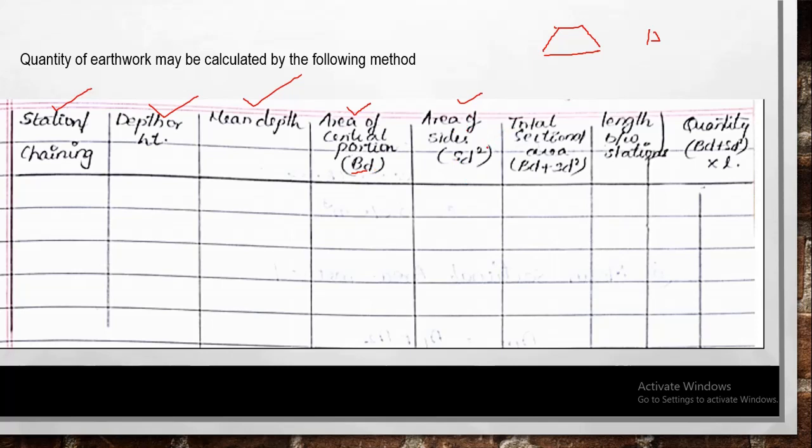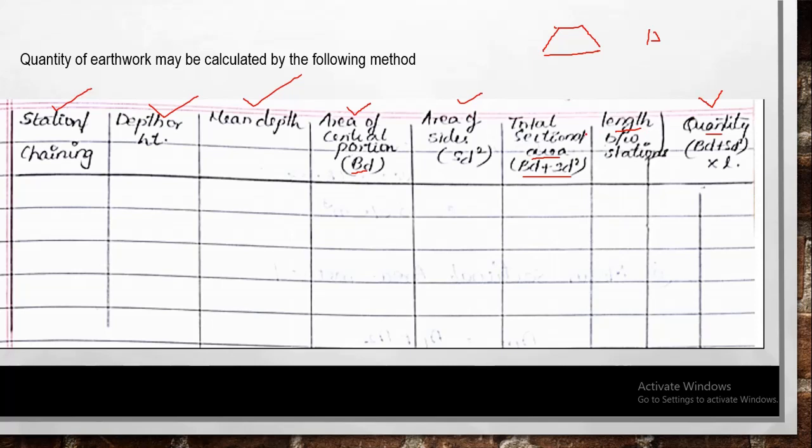The total sectional area will be BD plus SD square, and the length between stations needs to be considered. From the area and the length we finally get the quantity, which is volume. Volume is equal to area into length.